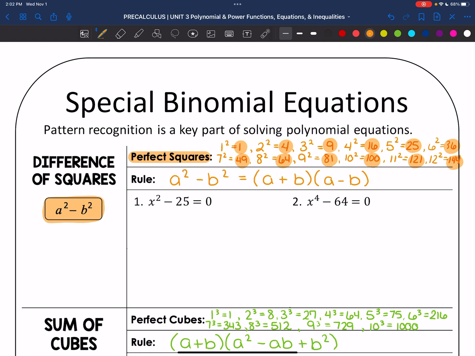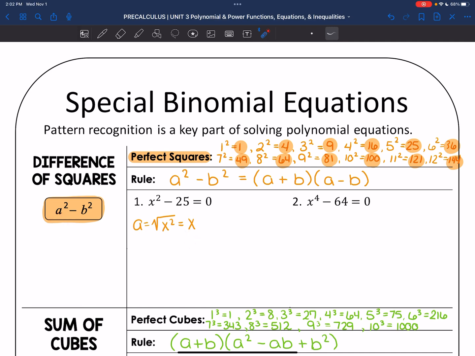Check this out. We can take the square root of x squared, and that is x. Ladies and gentlemen, if I could scooch this over for a moment, this is our a value. Our a is what is squared right here. What is squared? x is squared.